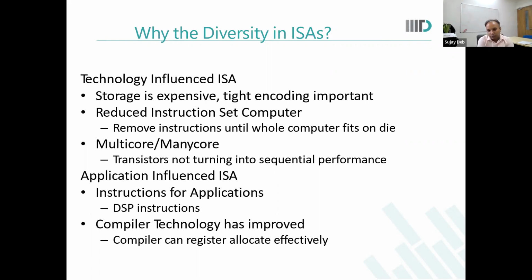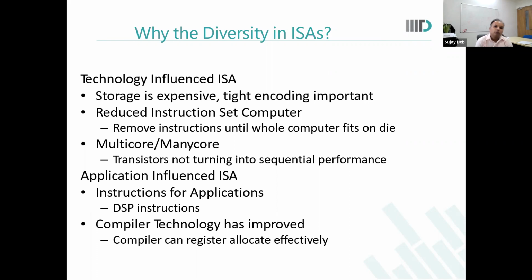Also compiler technology, because some of the things which the compiler could not do earlier can now be done at the compiler level because of the advancements. So the previous restrictions are no longer there, and accordingly you can update your ISA. But as we have mentioned earlier, the ISAs do not get updated very frequently. They are very slow because of all the legacy reasons.